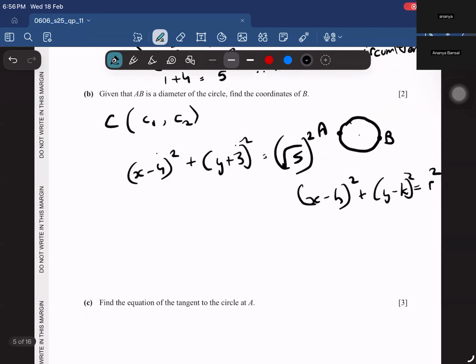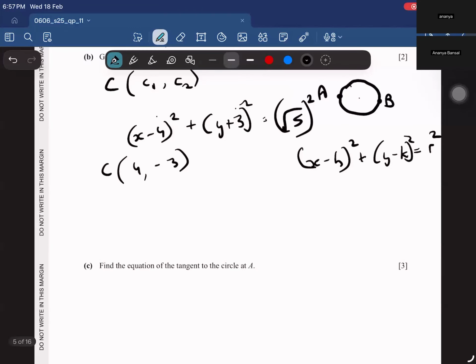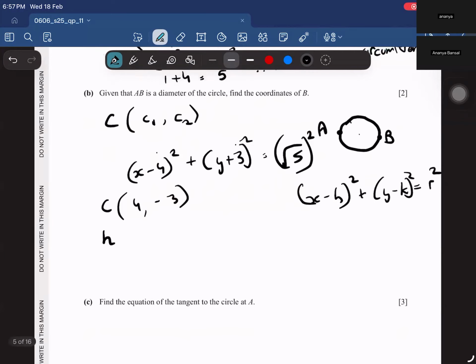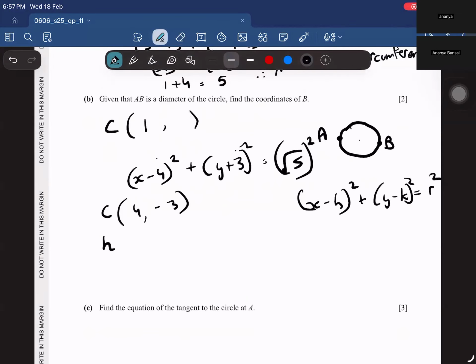So we know that the center of the circle C's coordinates are (4, -3). Since now we have the center of the circle, which is also the midpoint of A and B, we can use the midpoint formula, where for ease, I'm going to call this H and K.